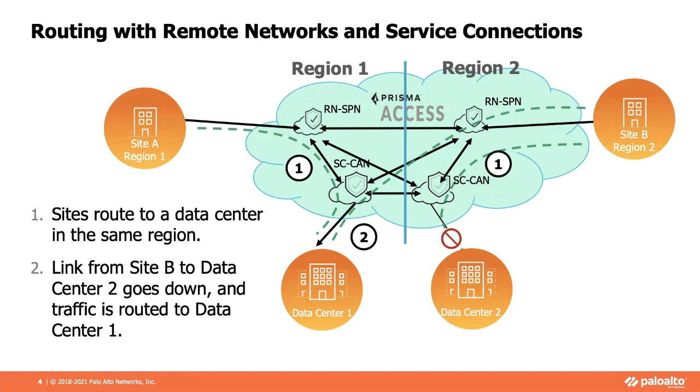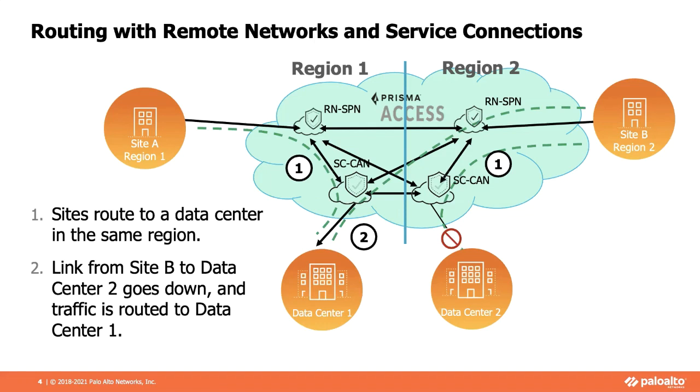And when we're talking about service connections, depending upon your licensing, you're going to have these different options available. We'll go through licensing quickly as a review in a minute. Depending upon your licensing, you may have service connections which terminate to an SC CAN, or a service connection corporate access node.